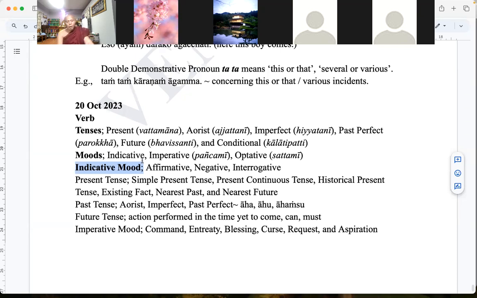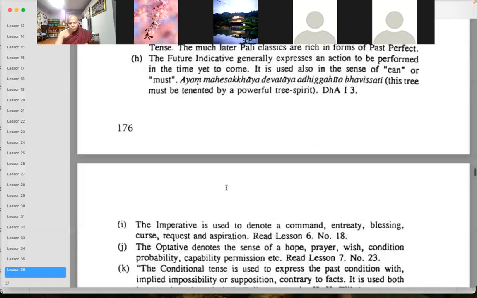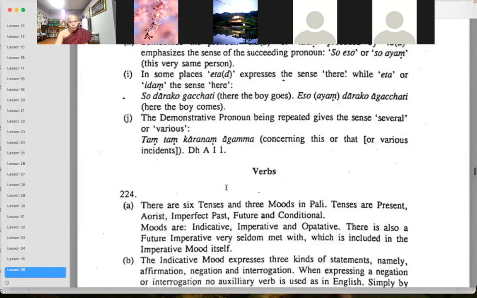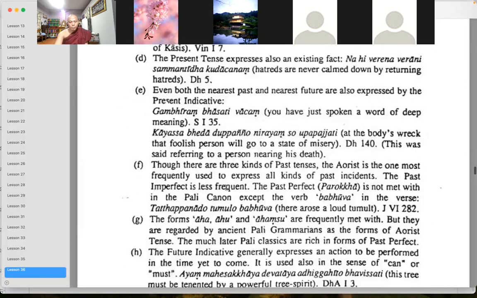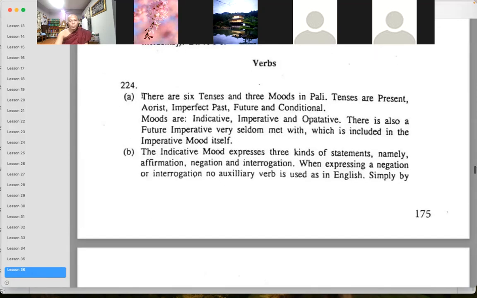So now, for that, let's see in the Pali grammar. So here there are 6 tenses and the 3 moods.